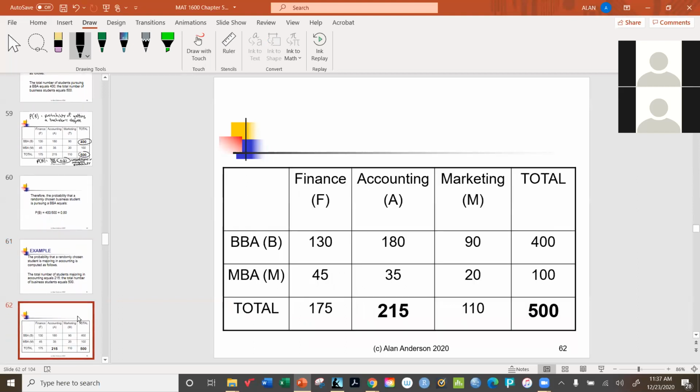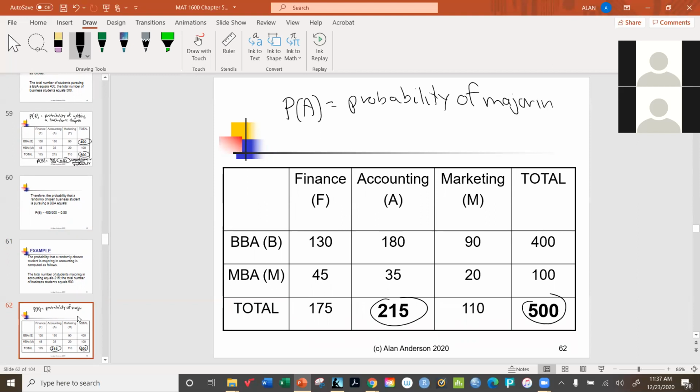Oh, well, that means we're looking at all the accounting majors. It doesn't matter if they're getting a bachelor's or a master's degree. There's 215 out of 500. So the probability of A, the probability of majoring in accounting, is 215 out of 500, 43%.